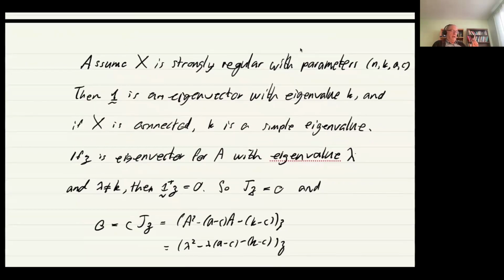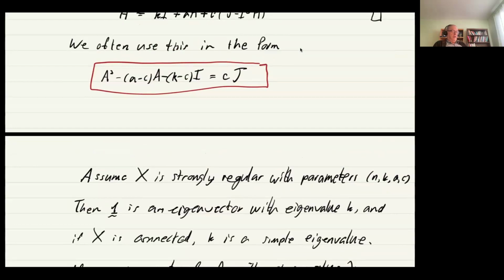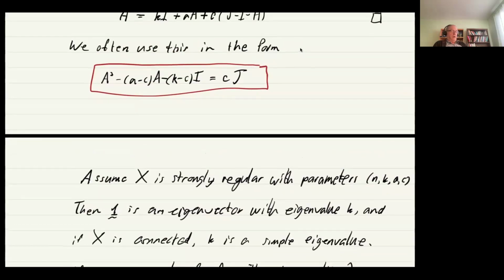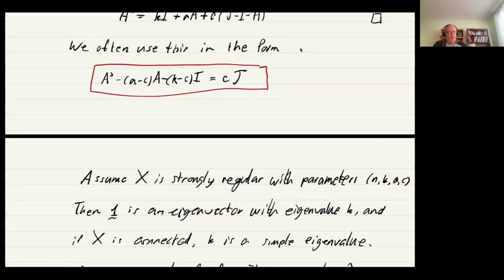Suppose z is an eigenvector for A with eigenvalue lambda, where lambda is not equal to k. Then by linear algebra, the eigenvector z must be orthogonal to the all ones vector. J is the outer product of the all ones vector with its transpose, so if I apply J to z, I get 0.